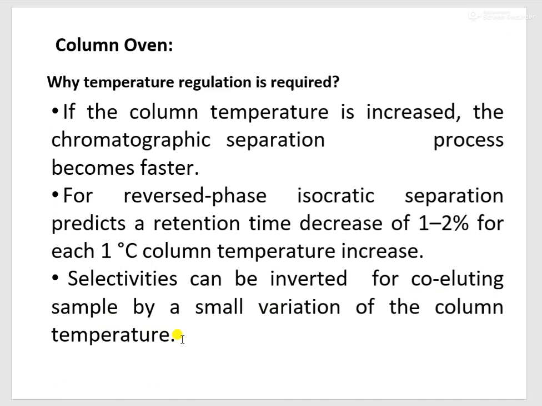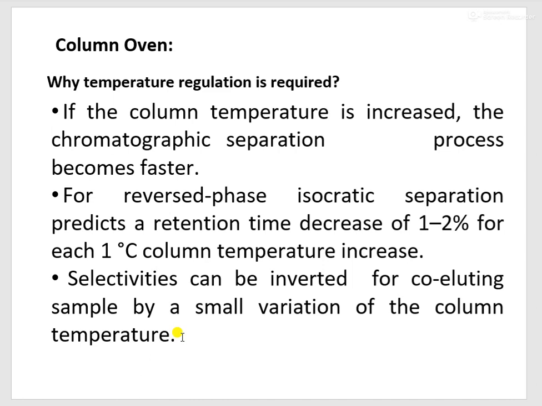So, in short, column temperature is regulated because it gives us reproducible result, because every time the temperature will be fixed and at that temperature we will set our column oven.